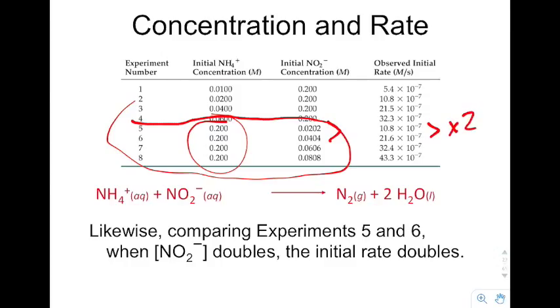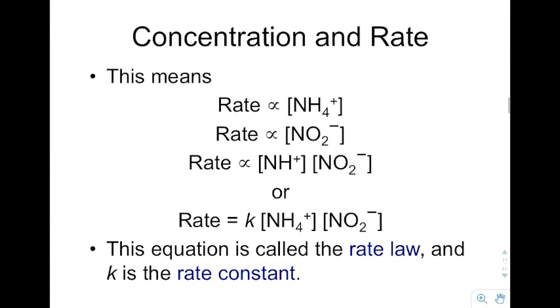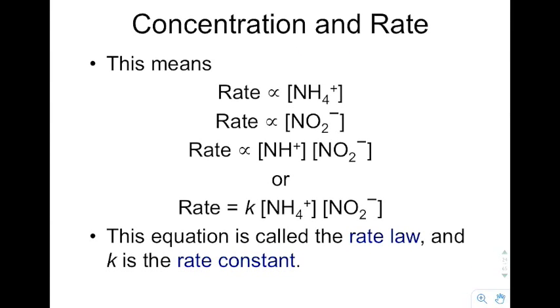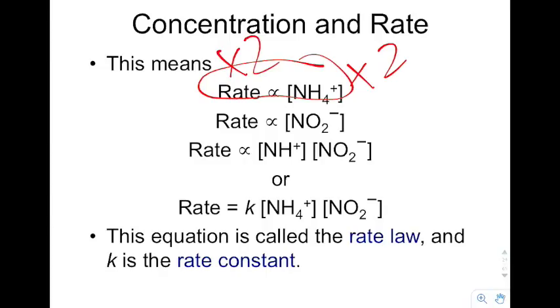So what you can say is that this reaction does depend on the concentration of ammonium, and it does depend on the concentration of nitrite, which does make sense when you look at the equation. So the rate of reaction is proportional to this, which means if you double this, you double this. The rate of reaction is proportional to nitrite, because if you double nitrite, you double the rate of reaction.